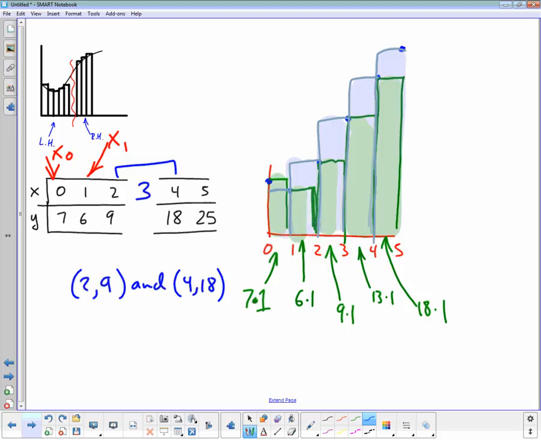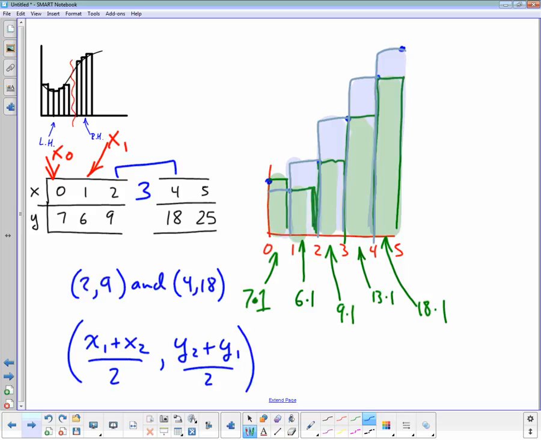Midpoint formula, which is also the same as what? Well, yeah, for the Riemann sum, but just to find the value that's in the middle of 9 and 18, what do you do? Take the average, which is the same as the midpoint formula. Remember, the midpoint formula is the average of the x's and the average of the y's.